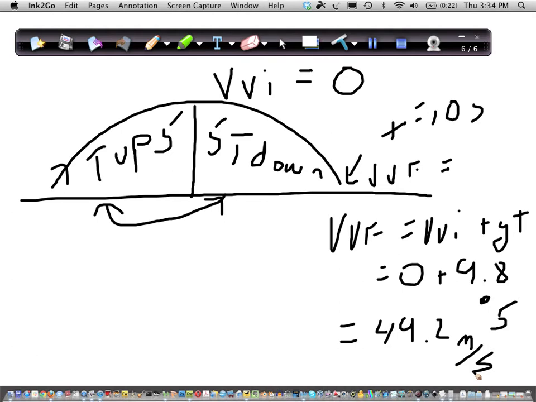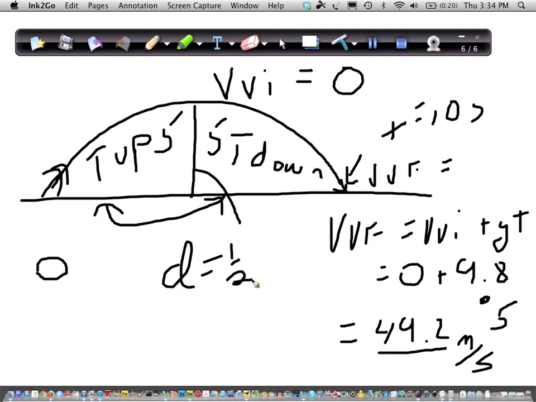Well, if something started at 0, and now it's going 49.2, we know that it left the ground with the same speed that it hit the ground with. We could calculate all kinds of things. Distance equals 1/2 gt squared.